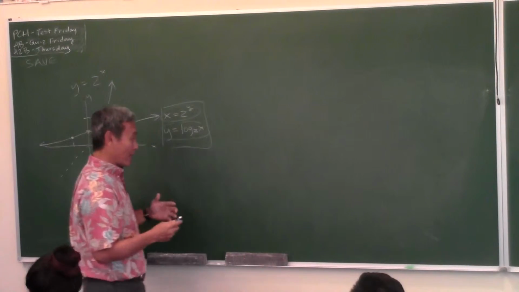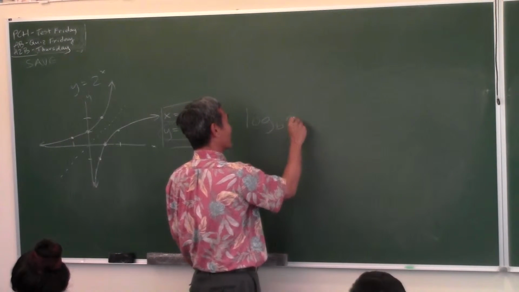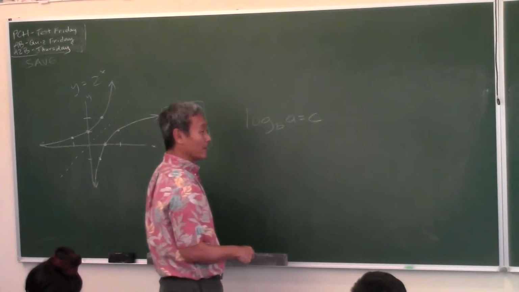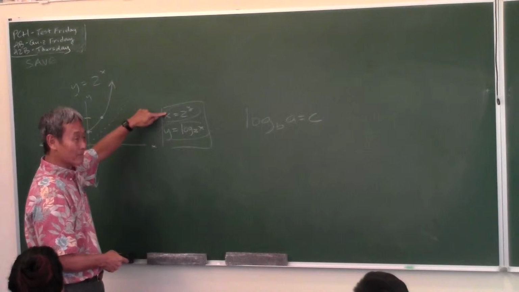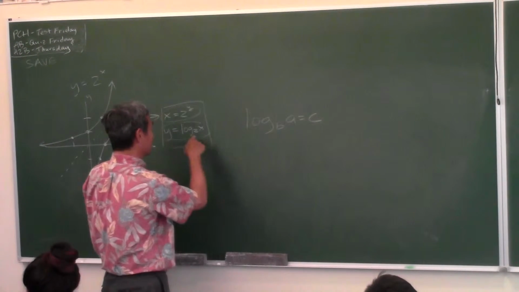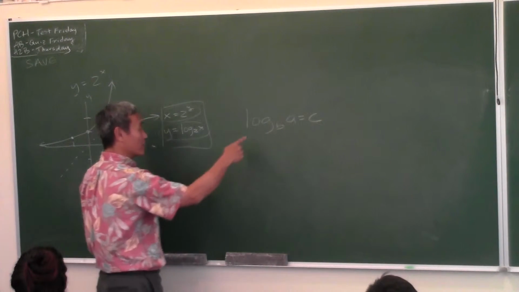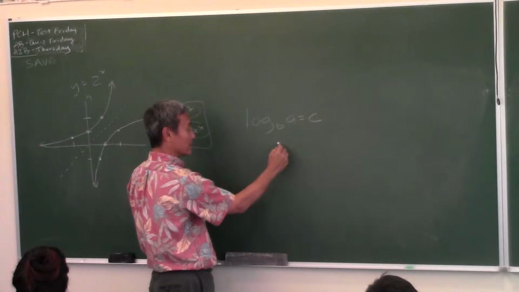So this is what you have to be able to do. If you see log base b of a equals c, this is logarithmic form, then what does that mean? You switch it to exponential form. This and this mean exactly the same thing. So how would you switch from log form to exponential form?